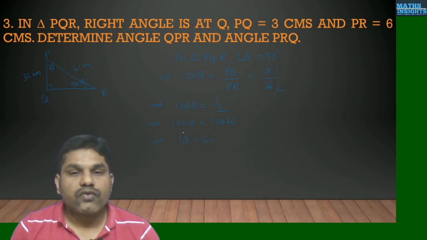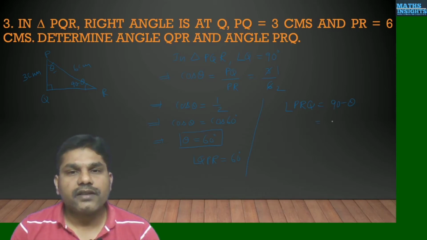So theta is this angle, nothing but angle QPR. QPR is equal to 60 degrees. Now it is very easy to find PRQ. Why? Because angle PRQ is equal to 90 minus theta.